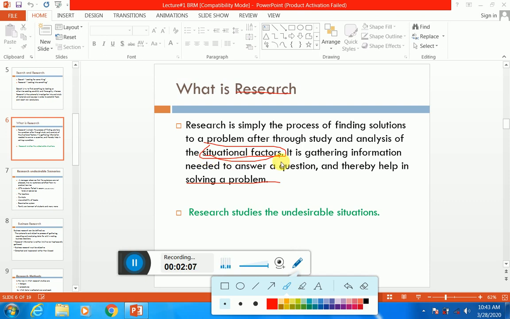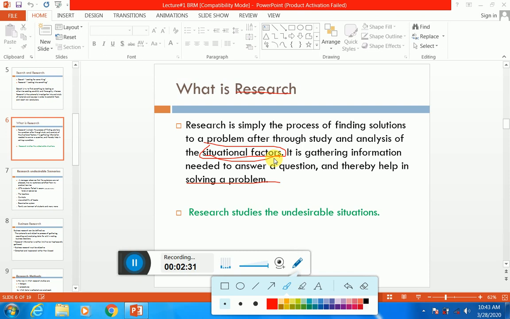So research is that process where a condition is found out, a problem is found out. Then with the help of research, it is diagnosed what the different cause roots of this problem are. These cause roots of the problems are simply known as your situational factors.